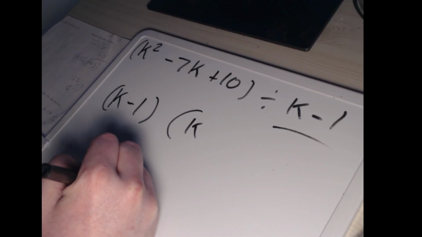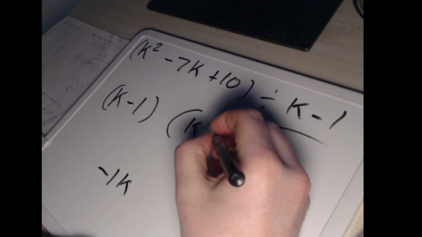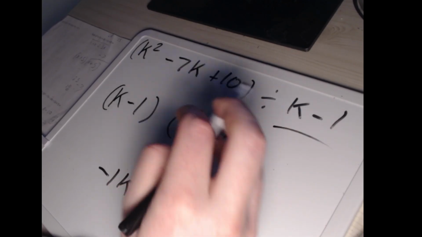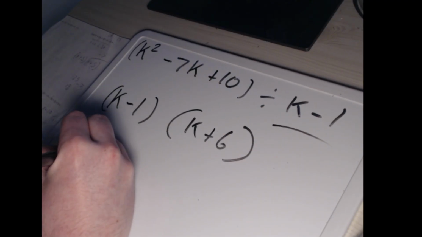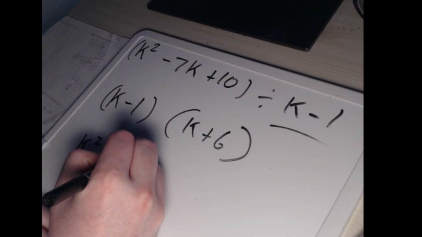We already know that negative 1k. Would it just be 7? Because we need... No. We're going to be adding them together, right? Would it be 6? Okay, k squared. I haven't done this one before, like I said, so plus 6.